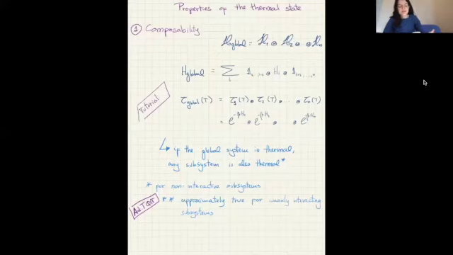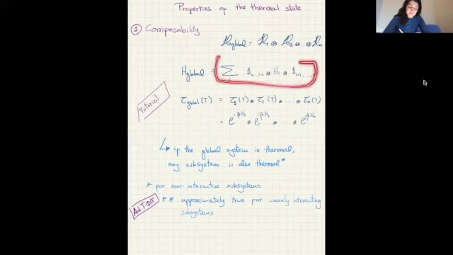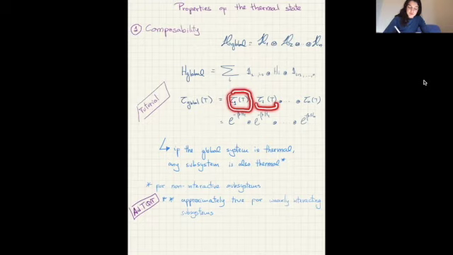So what are some properties of this thermal state? Some of these you proved in the tutorial, some of them we will prove in the lecture in the next semester, in the advanced topics lecture. One you showed in the tutorial last week is this composability, which means that if you have a global system composed of many small systems, and you have a total Hamiltonian that is non-interactive, so you have one small Hamiltonian for each subsystem and then you just sum them all, then in this case your global thermal state at temperature T is just the tensor product of the individual thermal states.